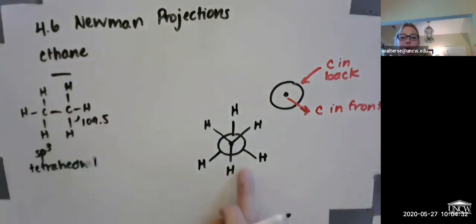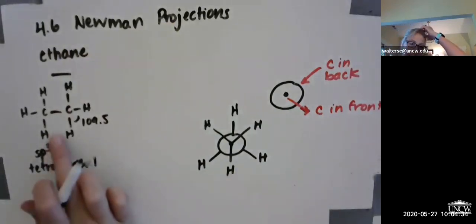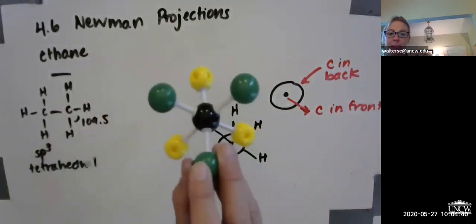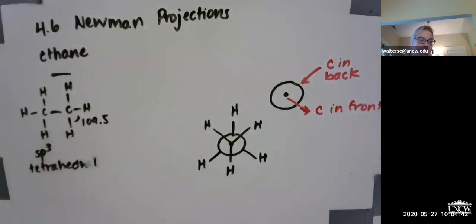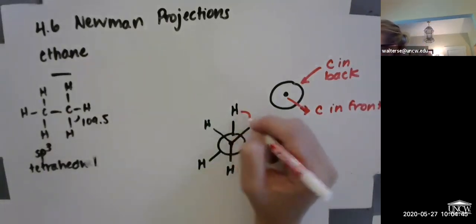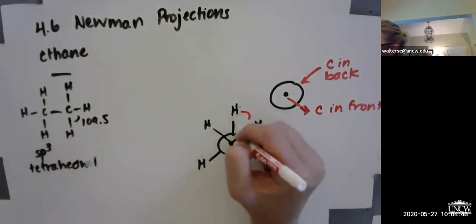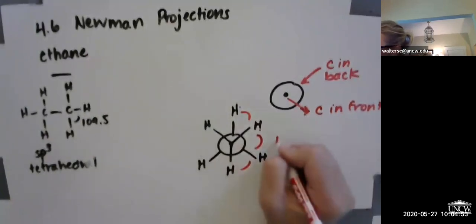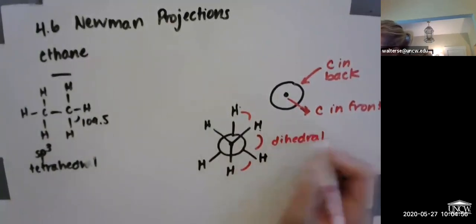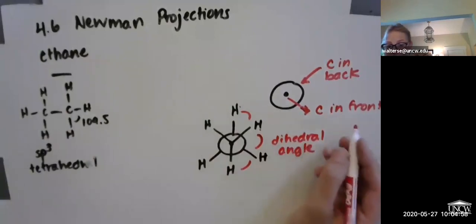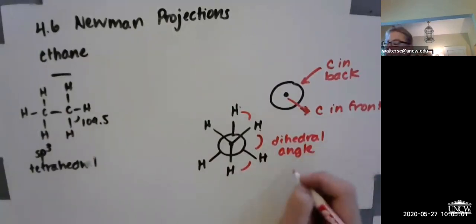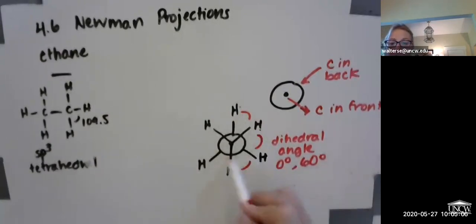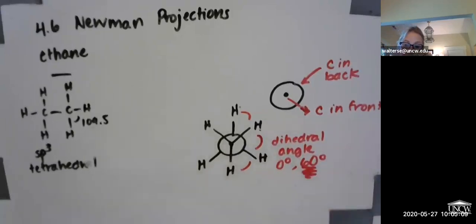So this is the Newman projection of turning ethane on the side so that you can see the carbons overlapping. This angle, which goes from hydrogen to carbon to carbon to hydrogen, it's here and it's here. It's called a dihedral angle. Okay, and we're going to look at dihedral angles that are either 0 degrees or 60 degrees. As it's drawn right now, these are all 60 degrees.